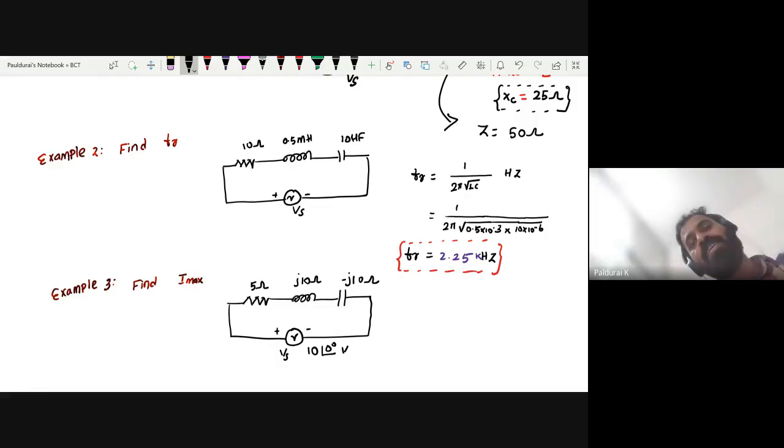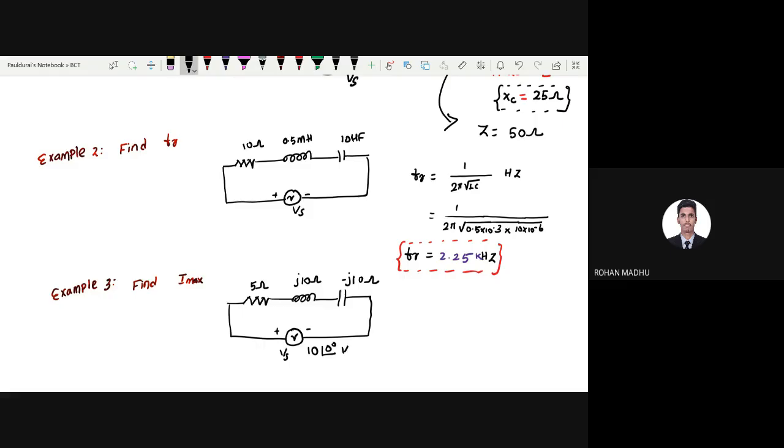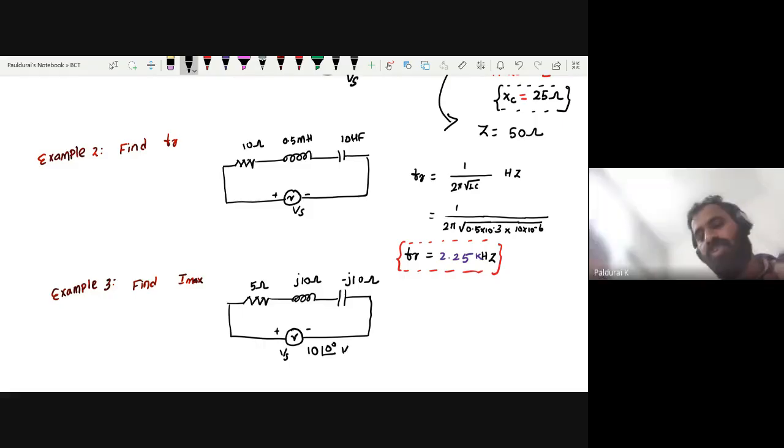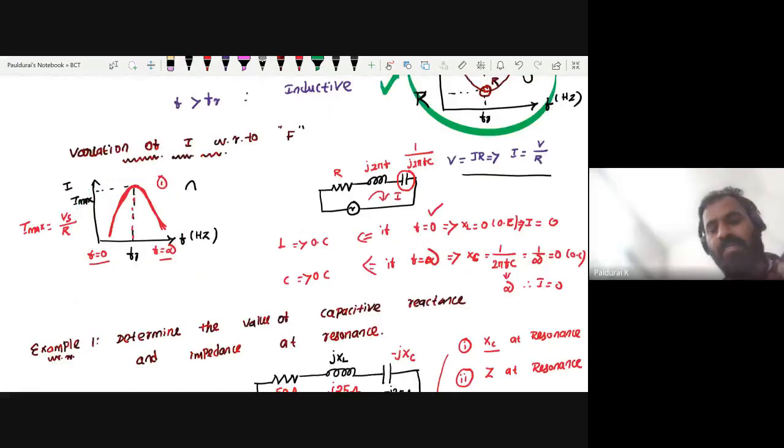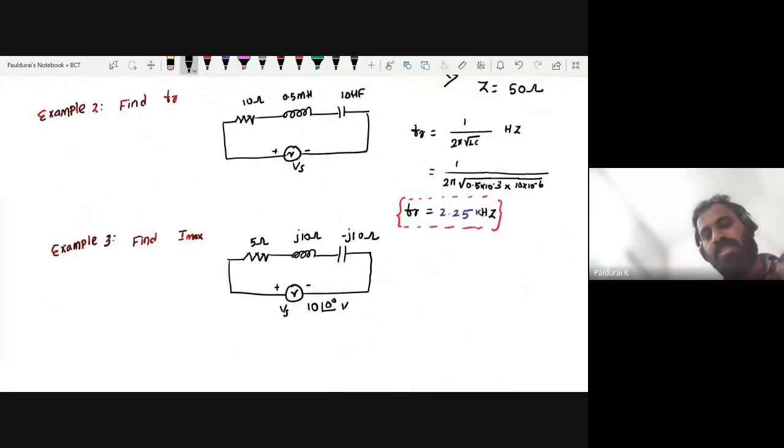When will maximum current occur? At resonance. The current is given by I max equals V by R. This time don't look for the jXL and jXC and all. Just at resonance you will get maximum current, only R, since XL and XC cancel each other.